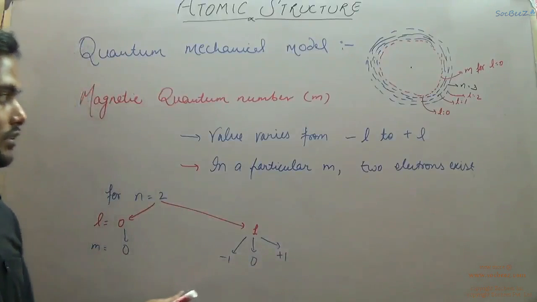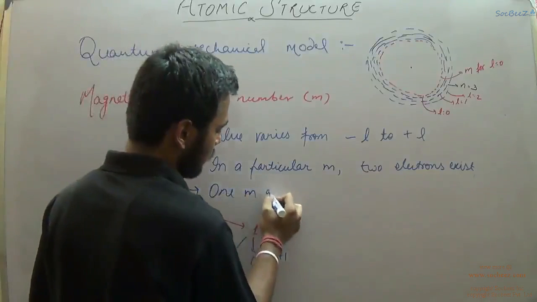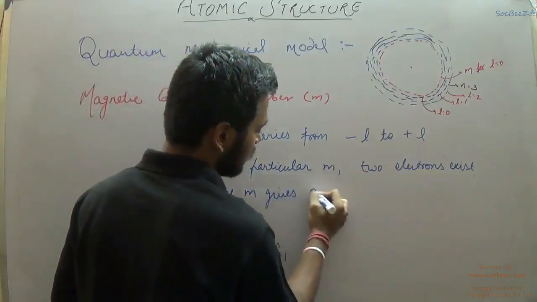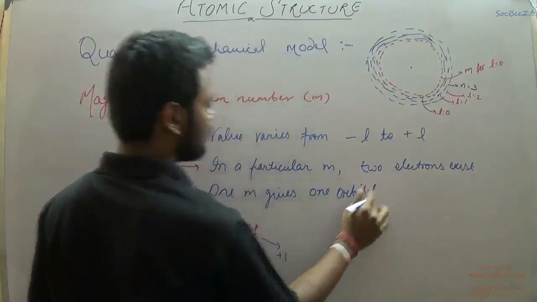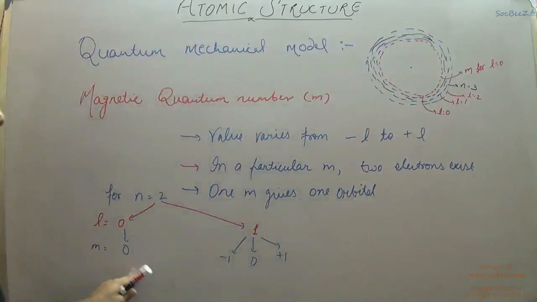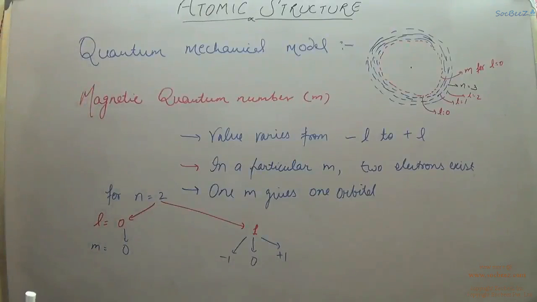There are 4 orbitals. Each M gives 1 orbital. So, the total number of orbitals here is 4.